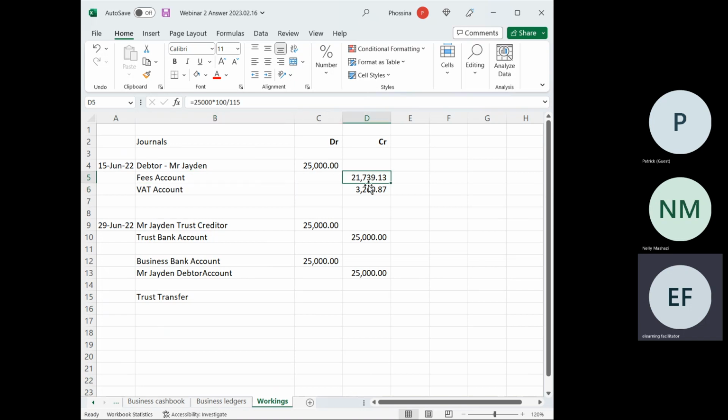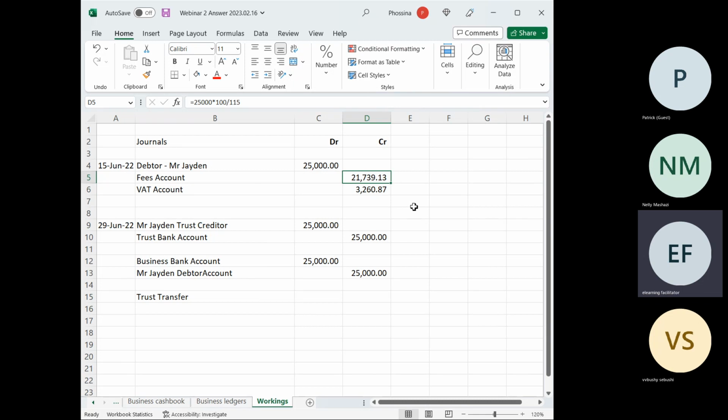Because the amount we are given is inclusive of VAT, to calculate our fee we have to take out the VAT. We calculate the fee at 100 divided by 115, and the VAT at 15 divided by 115, such that if you add them up, they give you the full amount of 25,000.